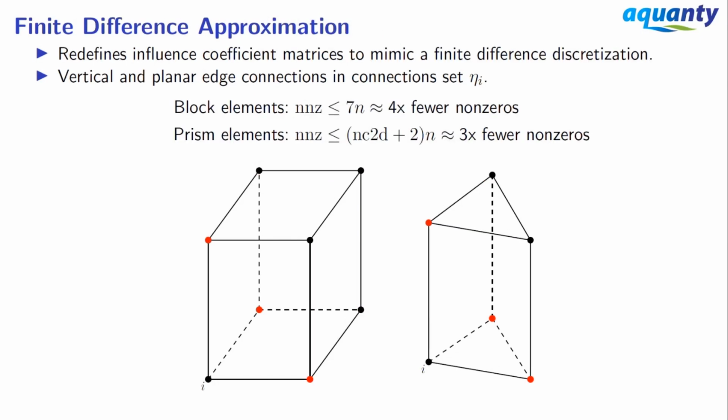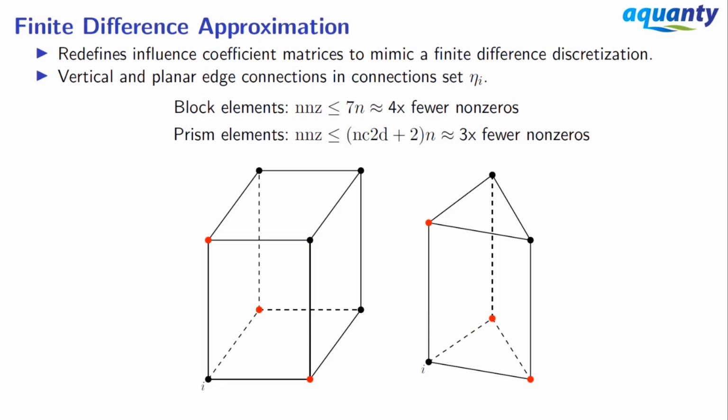The other approach is to use a finite difference approximation. In this case, we only keep the vertical and planar edge connections in the nodal connection set. The effect of this is that it greatly reduces the number of non-zeros within your Jacobian matrix. For block elements, instead of 27n, you have 7n connections, so about 4 times fewer non-zeros, and for prism elements, about 3 times fewer non-zeros.